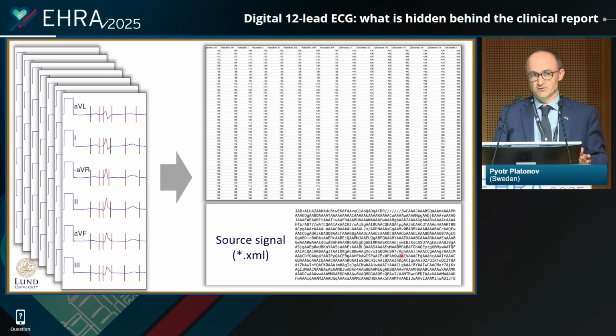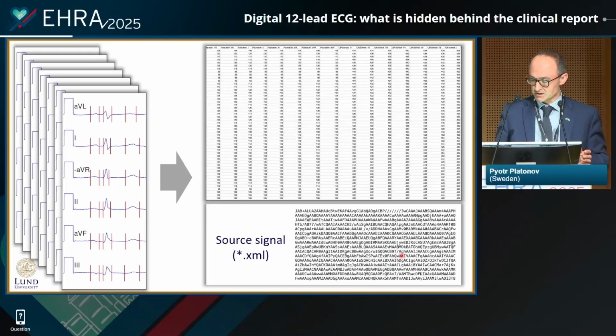There are different file formats depending on the manufacturer, but essentially it contains the same information. Coordinates of every single point on the curve in 12-lead are coded with the distance from the beginning and the amplitude. And by having that, you can recreate all ECGs if you take those files outside and you have an engineer who can help you with that.